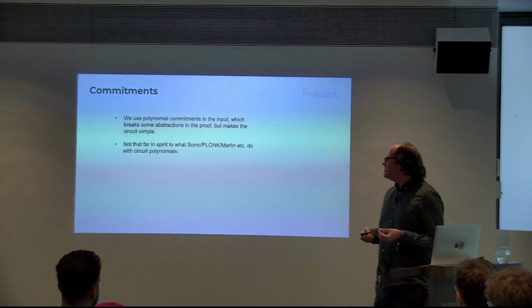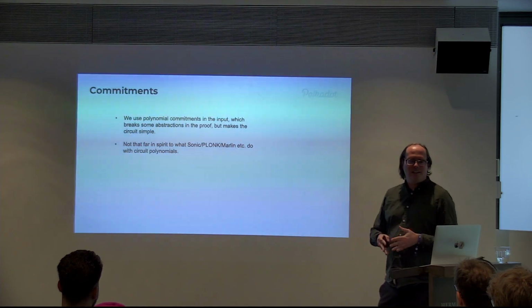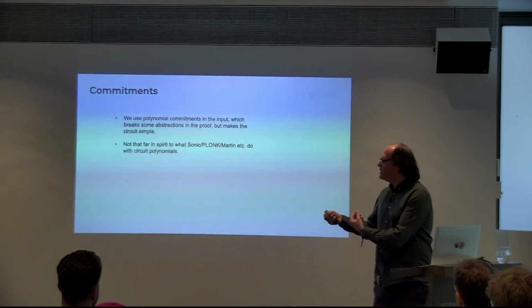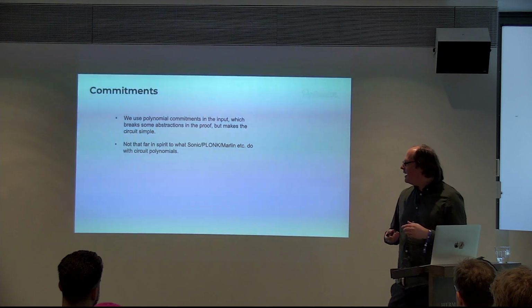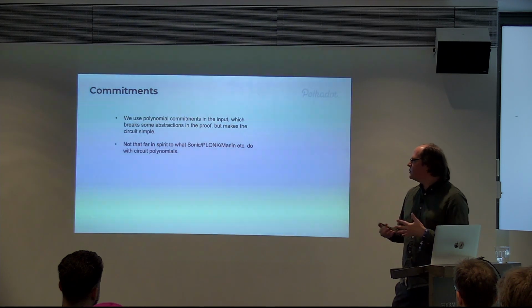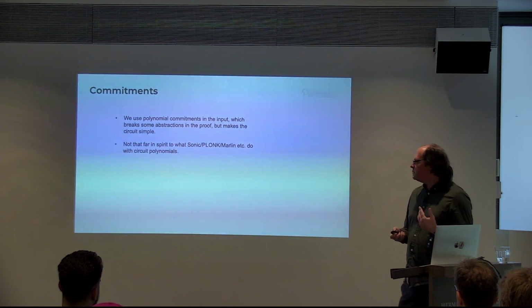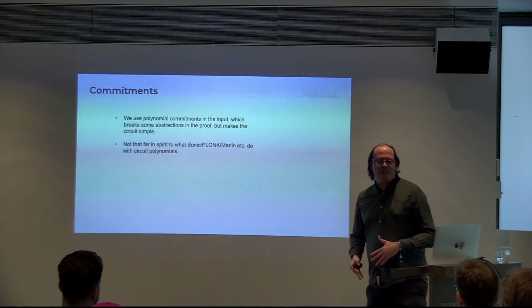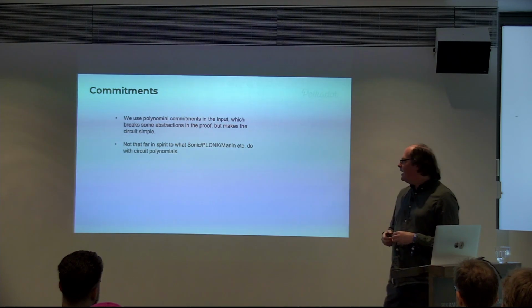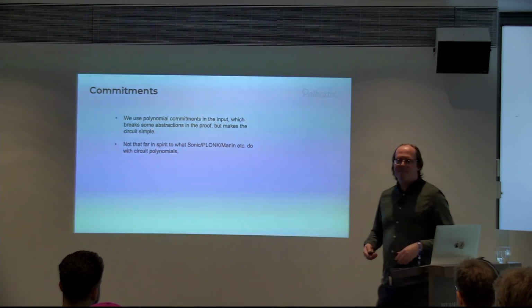But it's not really too bad because this is actually what everyone has been doing with circuit polynomials. If you have a polynomial commitment in the input, which you trust, for Sonic, Plonk, Marlin, this is not miles away from that. We trust that someone committed to these public keys correctly, and the verifier doesn't compute that themselves.